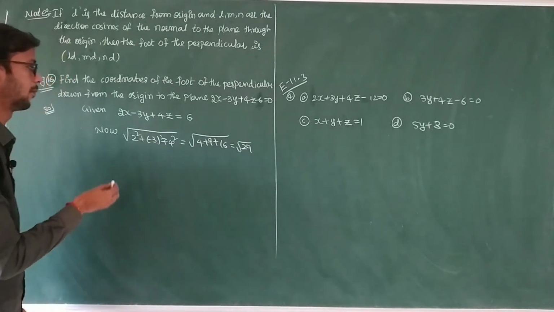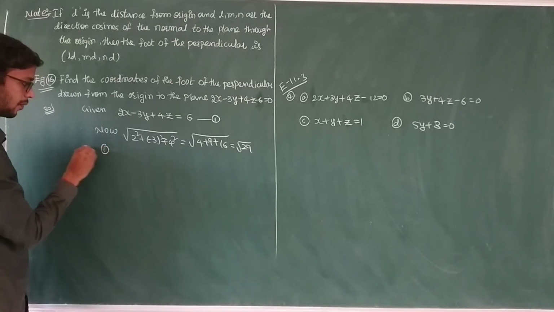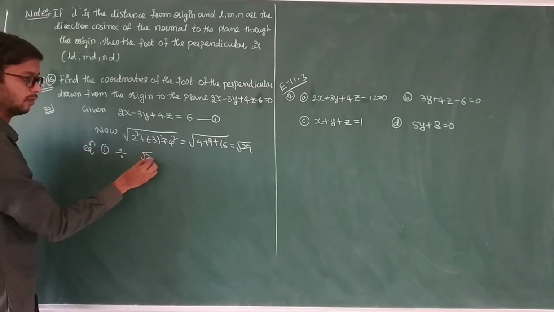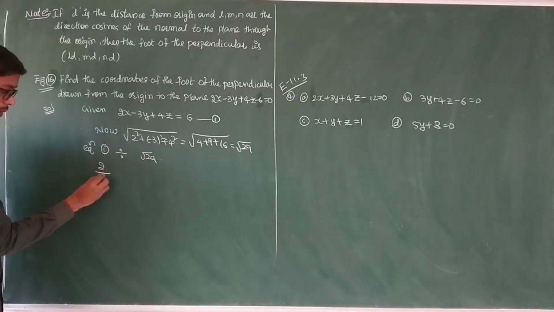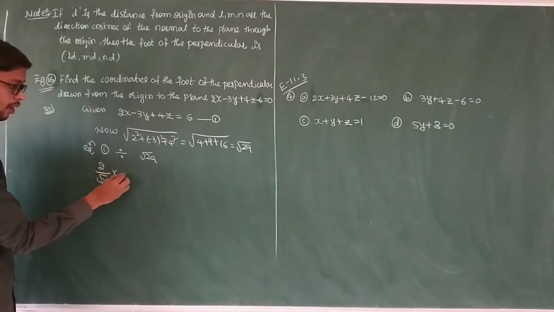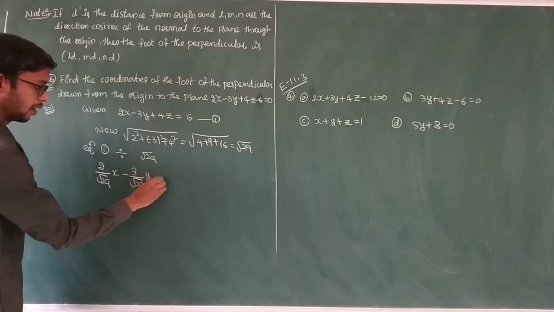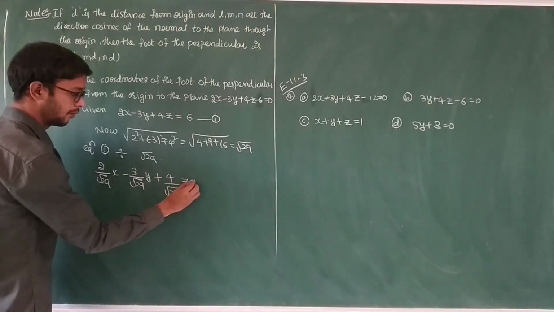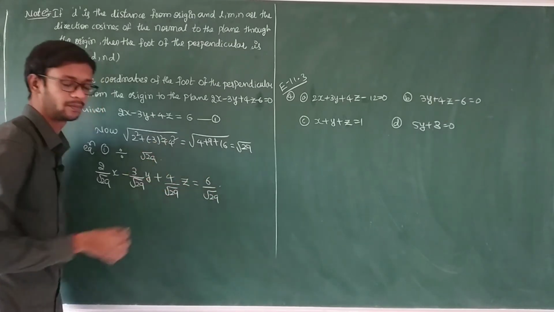So now equation 1, dividing with root 29: 2 by root 29 x minus 3 by root 29 y plus 4 by root 29 z equals 6 by root 29.